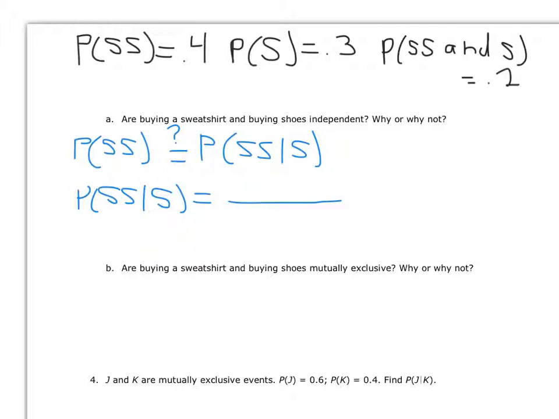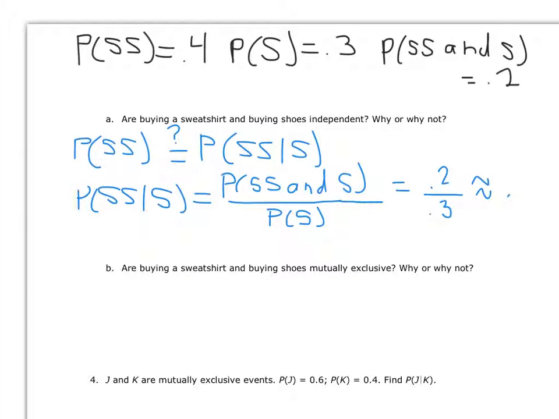Okay, just based on the formula for conditional probability, we are going to take the probability of sweatshirt and shoes, that's the probability that they buy both, and divide that by the given event, the probability they buy shoes. Okay, so the AND event has probability of 0.2, and the probability of shoes is 0.3, and that equals approximately, if we round, 0.67.